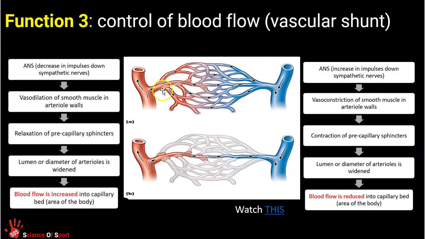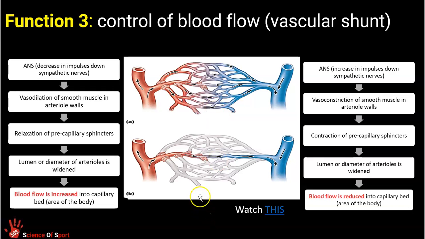So if we want to allow flow of blood into this capillary network, for example, let's say these were around some muscles, this arteriole would need to vasodilate. The precapillary sphincters, these little rings of muscles, would need to be relaxed to allow these tubes to let the blood flow through and into the capillaries.